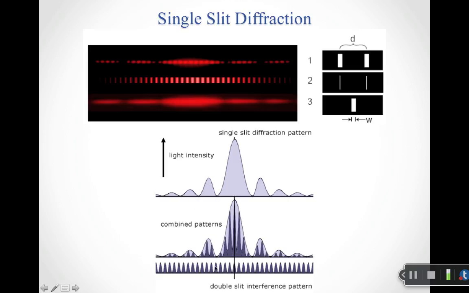And so part of what we're doing is taking this double slit interference pattern and putting it inside this single slit envelope. The intensity in our top pattern here, where we've got both single slit diffraction and double slit interference, is because we're seeing this outer envelope that's dictating the intensity of the light combined with the double slit interference pattern.